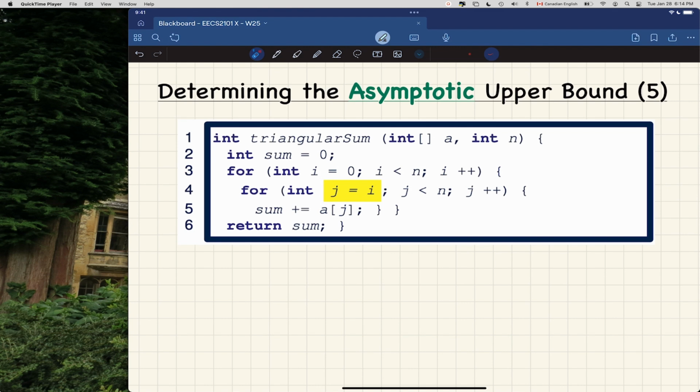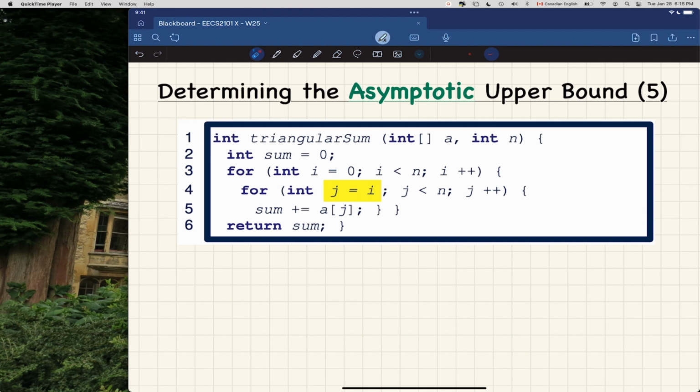Nobody, I'm glad. Any other answer? Just guess. Go ahead. N squared by 2? Well, n squared by 2, n squared.